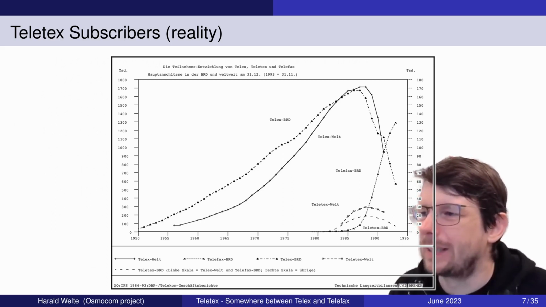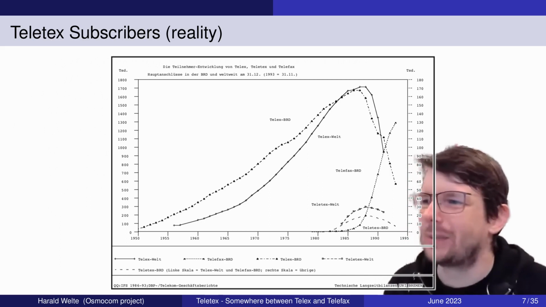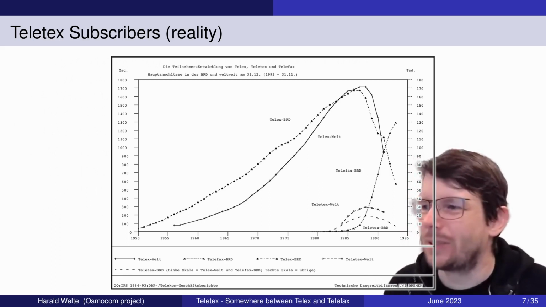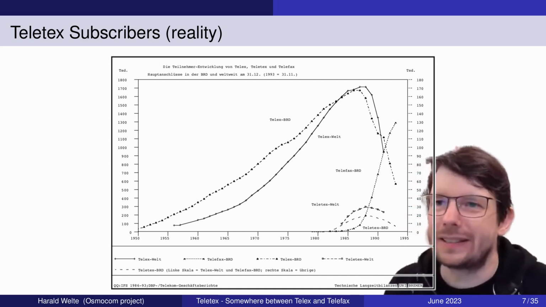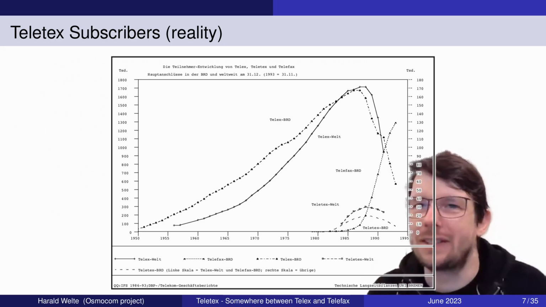While at the same time, the Telefax subscriptions, of course, explode. So we see the kind of slope here, skyrocketing, is the number of Telefax subscribers. So basically, Telefax obsoleted Teletex, and nobody really needed the specific advantages of Teletex in the end.